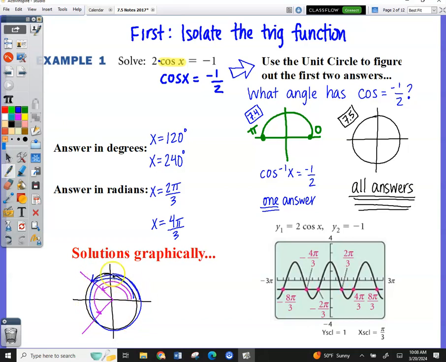No, it's not stupid. There's 240, add 360. There's an answer. What could I do again? Subtract 360. So I could go the reverse. You see what I mean? I told you that when you look at it drawn, you'd be like, what did she do there? I was showing you that basically it's hitting every coterminal angle. Okay, so we have to account for that right here.